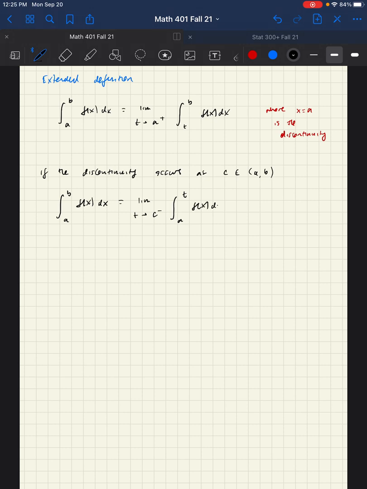So as t approaches c from the left, the integral from a to t, plus the limit as t approaches c from the right, the integral from t to b of f of x dx. Okay, so this splits it up into two formal definitions of the improper integral. Again, this is provided all limits exist.